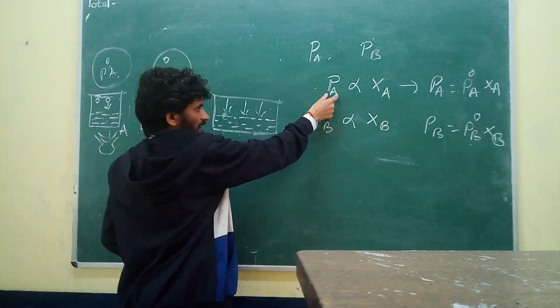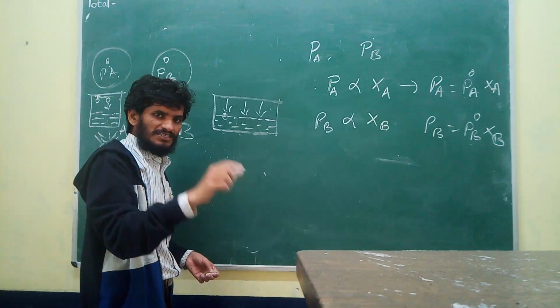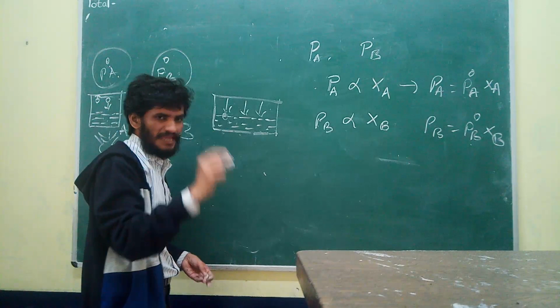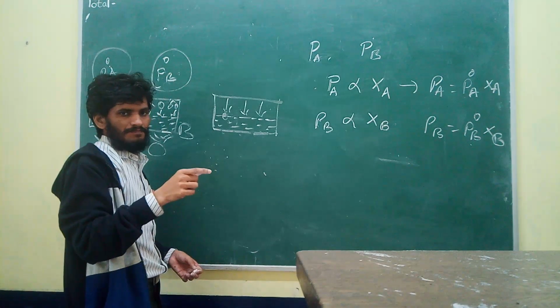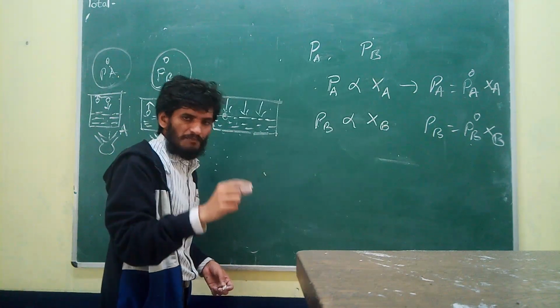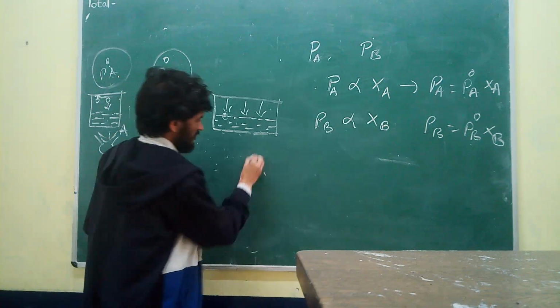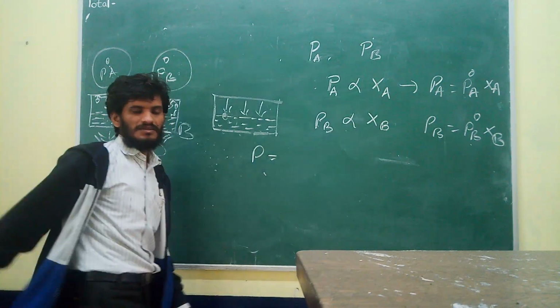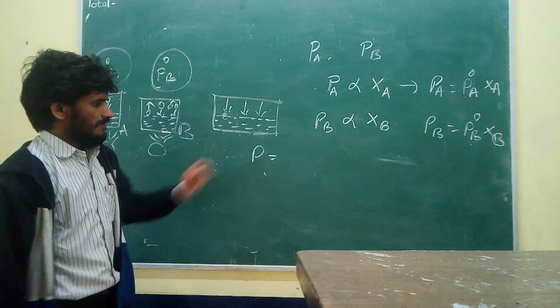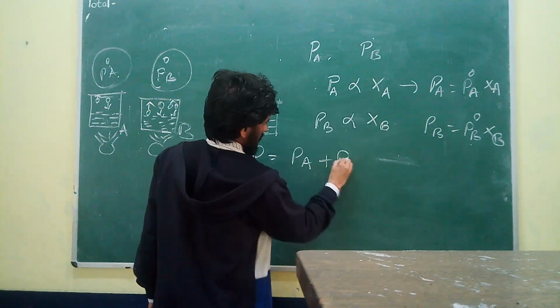What is PA? When we mix A and B, PA is the A component's vapor pressure in solution, and PB is the B component's vapor pressure in solution, whereas the total solution vapor pressure is P. According to Dalton's theory, the vapor pressure of the solution is equal to PA plus PB.